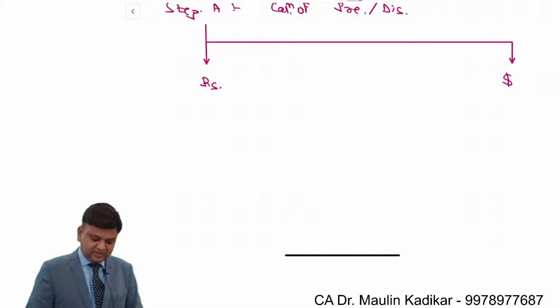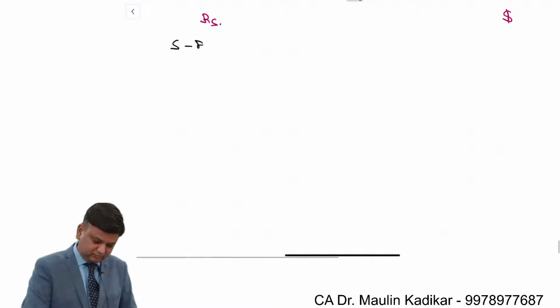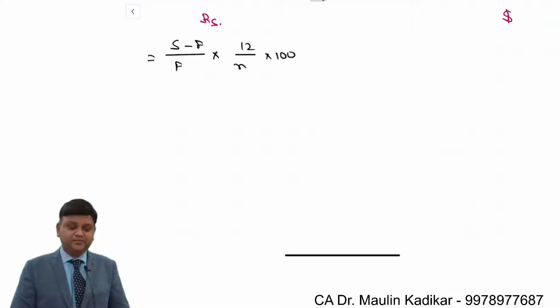As far as rupee currency is concerned, for that we understand spot minus forward upon forward, because it is left hand side currency, into 12 divided by n into 100. That is the way we'll compute the premium / discount for rupee currency.